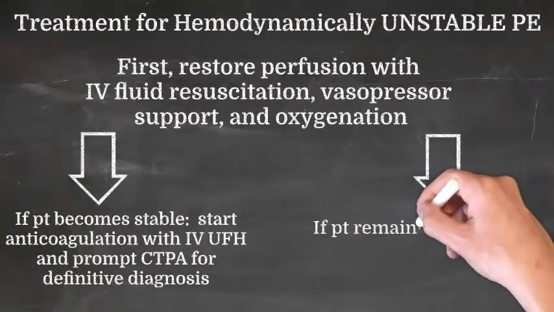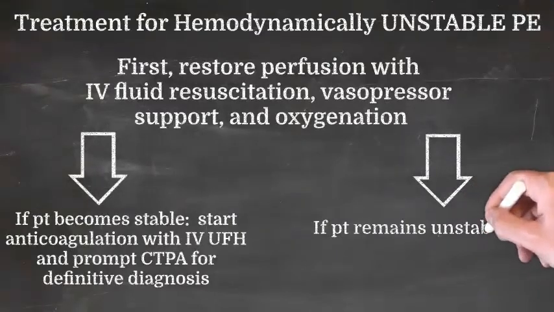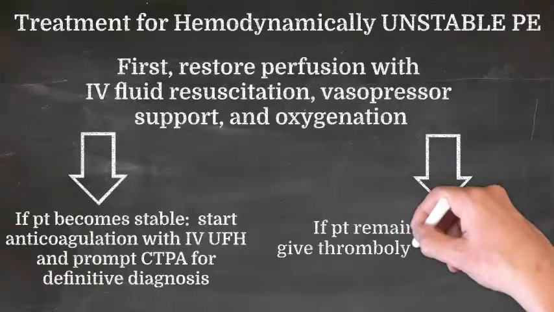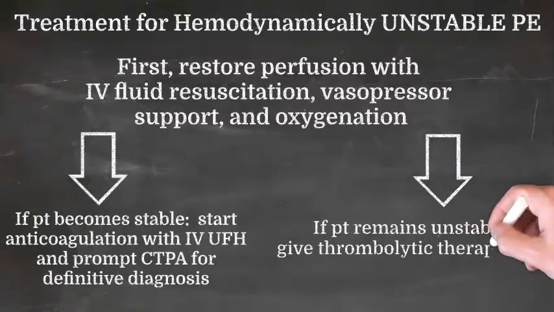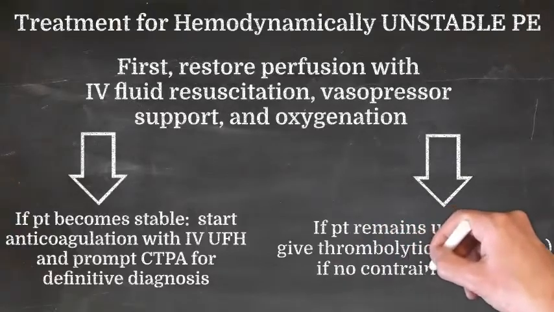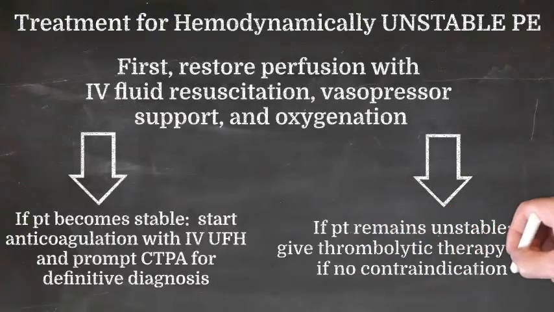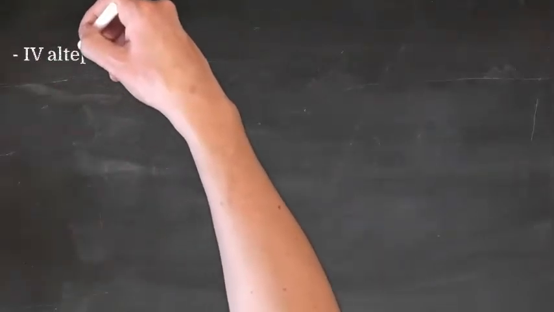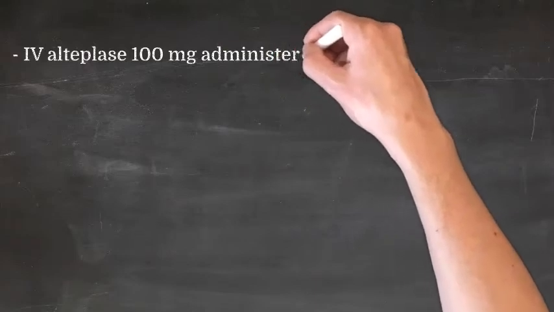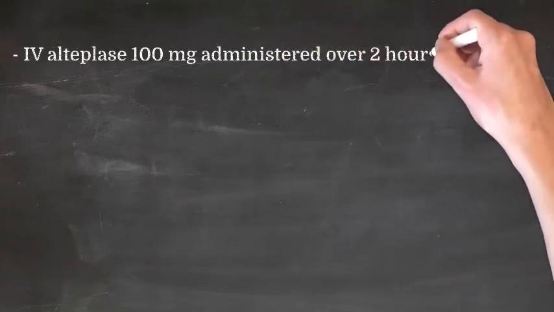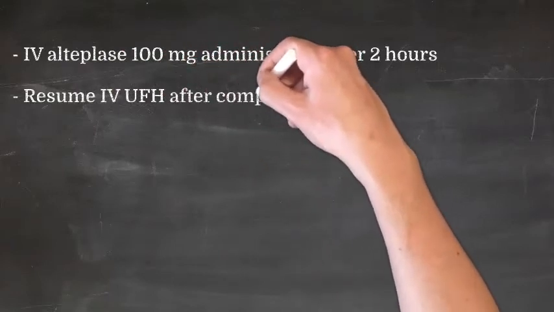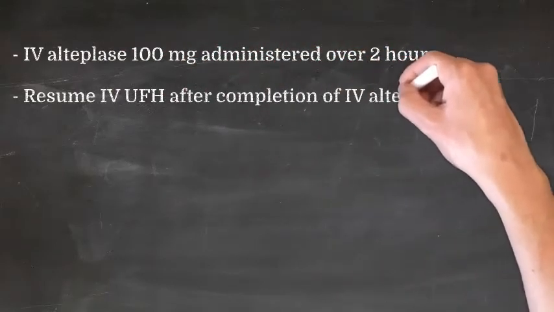But if your patient still remains unstable following resuscitation, then they will usually qualify for thrombolytic therapy, a TPA. However, you have to make sure that they don't meet any of the contraindications, and that list is pretty extensive. So you would start the thrombolytic infusion. There are different protocols out there, and different hospitals do it differently.